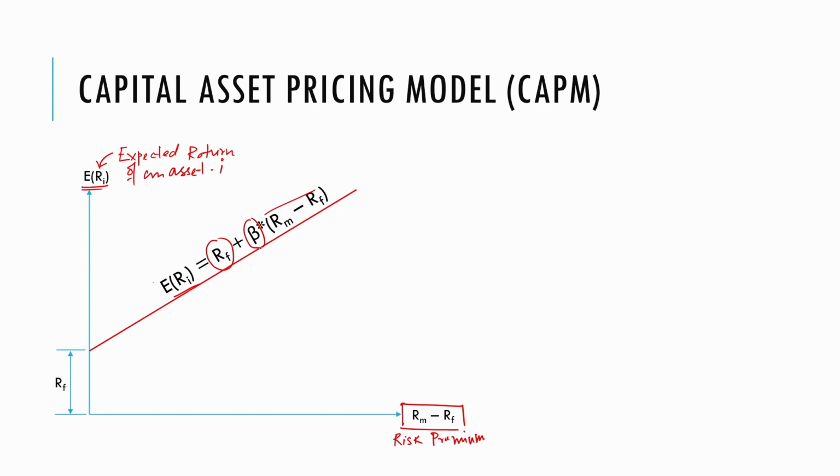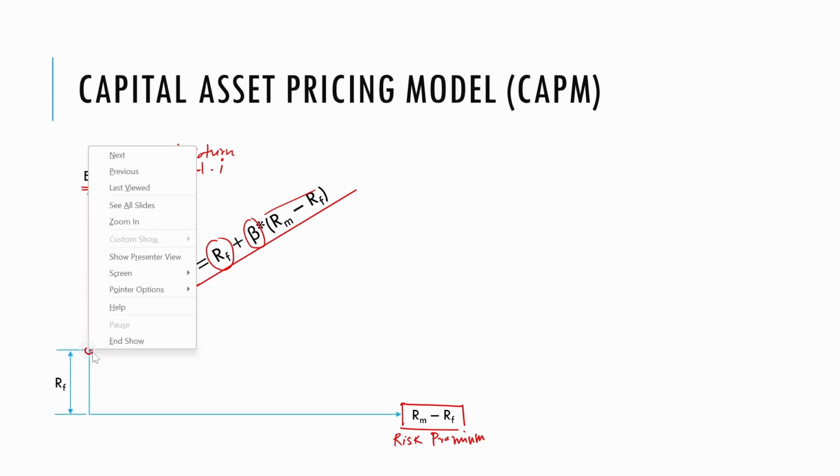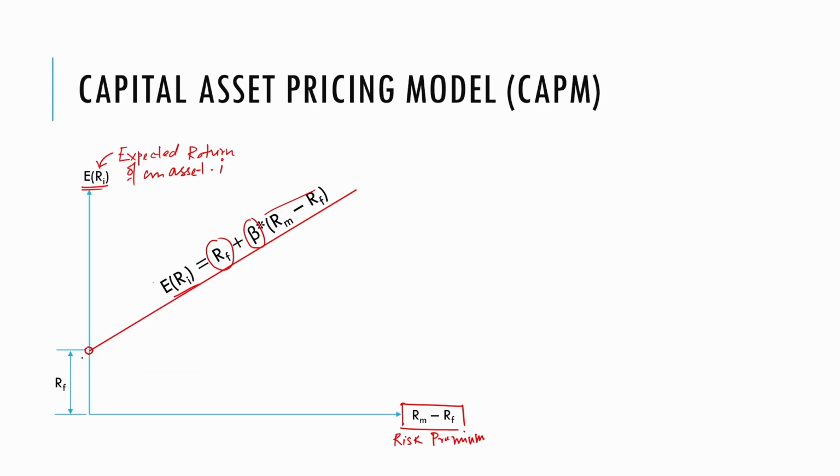So naturally, when your beta is 0, that means you are at the y-intercept, and your expected return value is now RF, that means risk free rate.